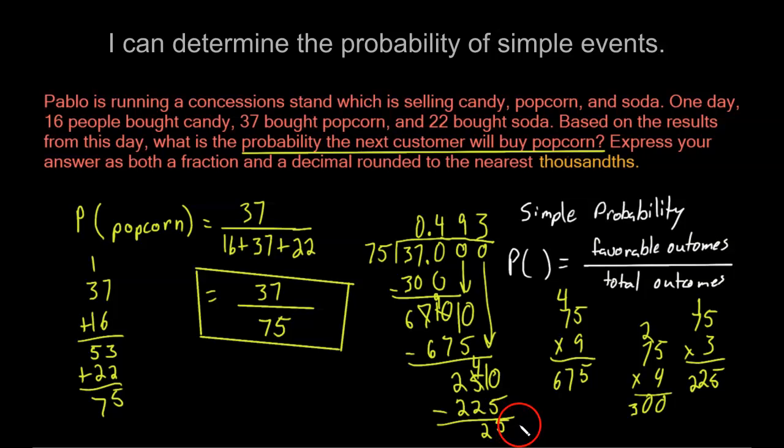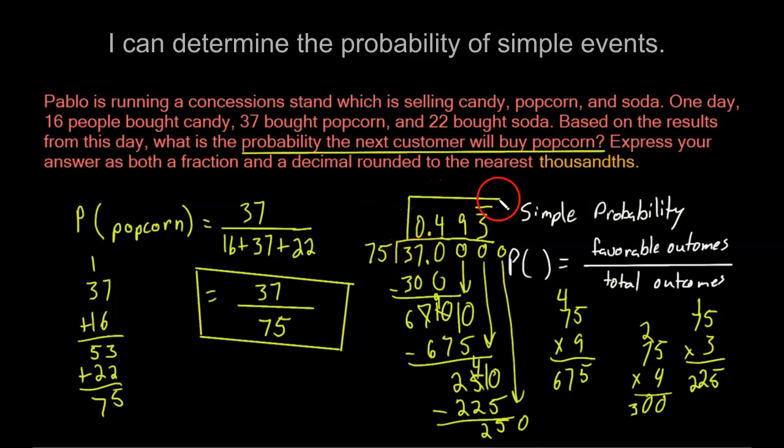We have 250 again, so it looks like this is going to become a repeating decimal because we've already been here. So we know it's going to be 0.493 repeating. This right here would be our answer rounded to the nearest thousandths.